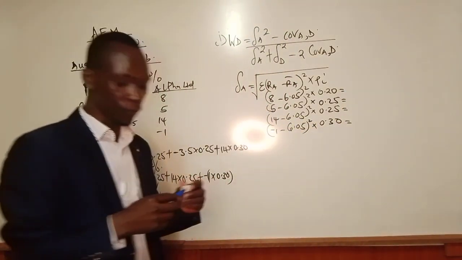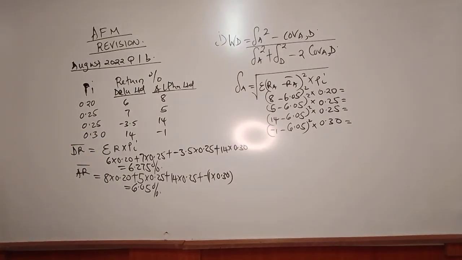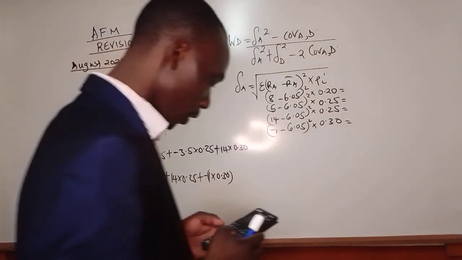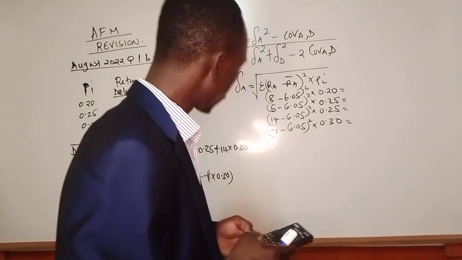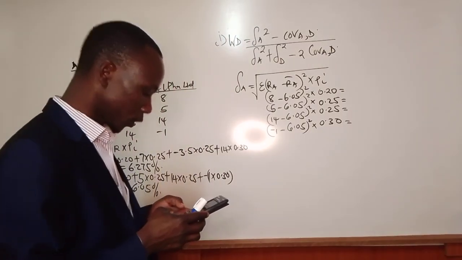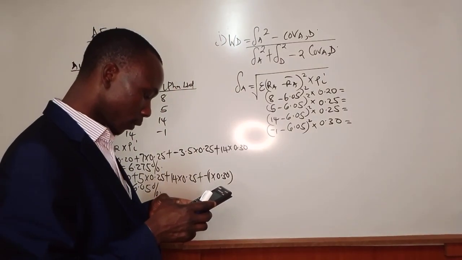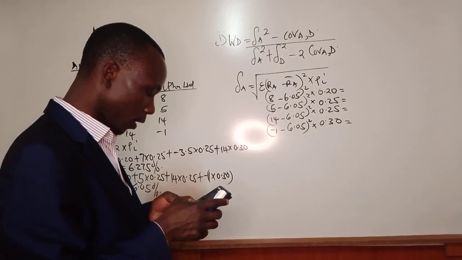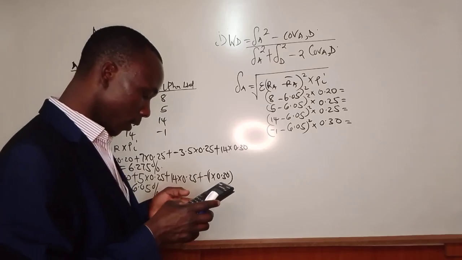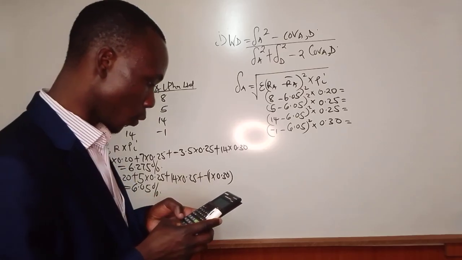Let us see how much we are going to get. In this case, we take 8 minus 6.05, then we square times 0.2.